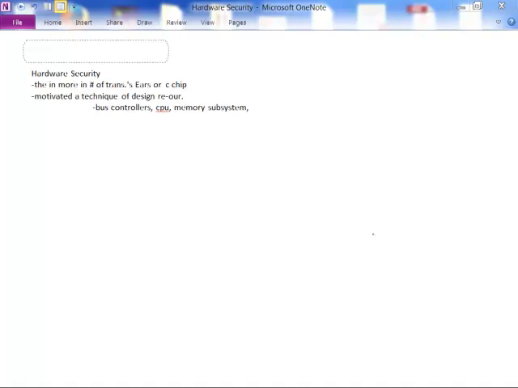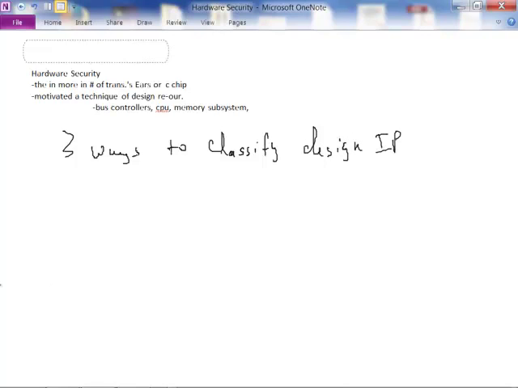The first group is called hard IPs, hard intellectual properties. Okay, hard IP.